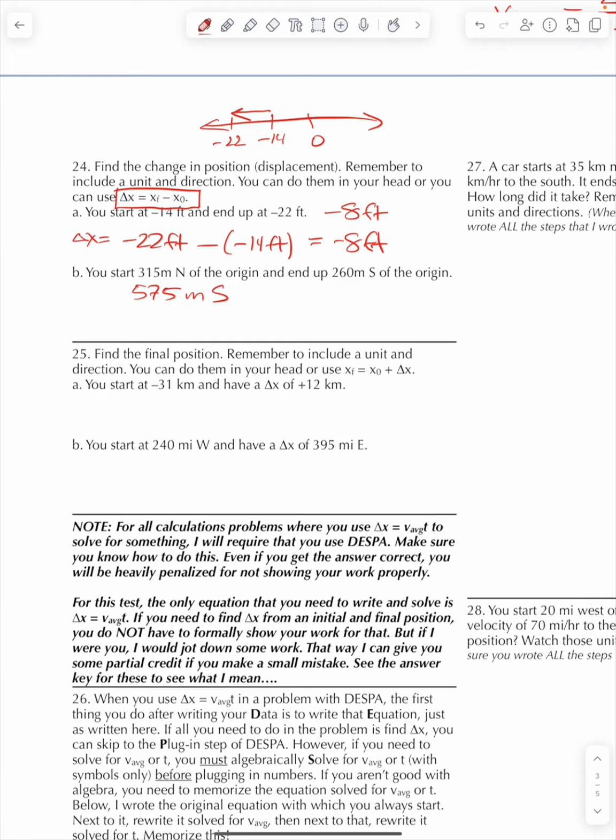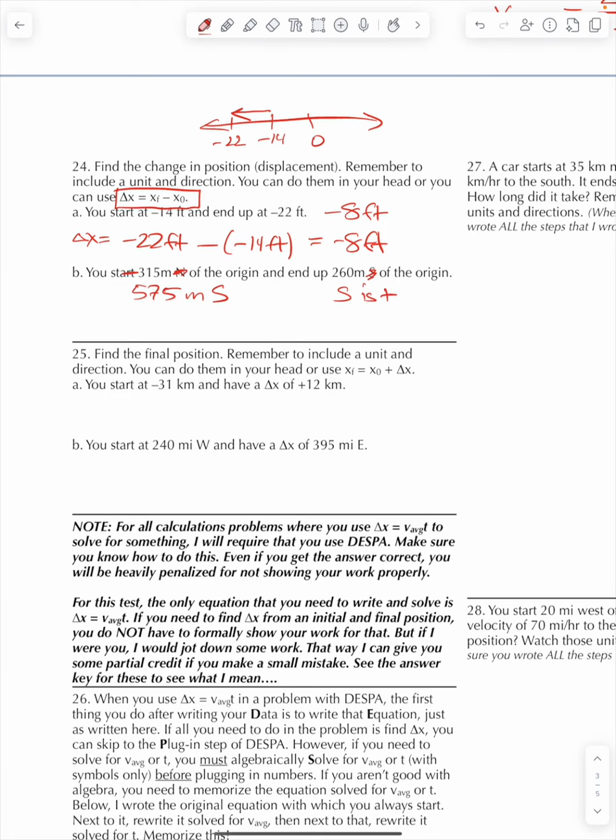But here's another way of doing this. For the sake of argument, we'll call south positive. Why not? So this would become positive 260 if we call south positive, and this will become negative 315.